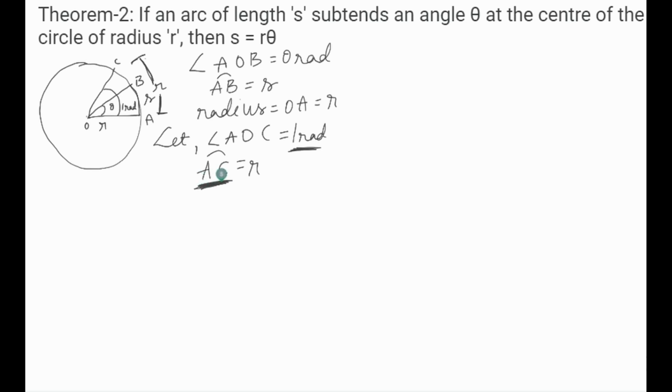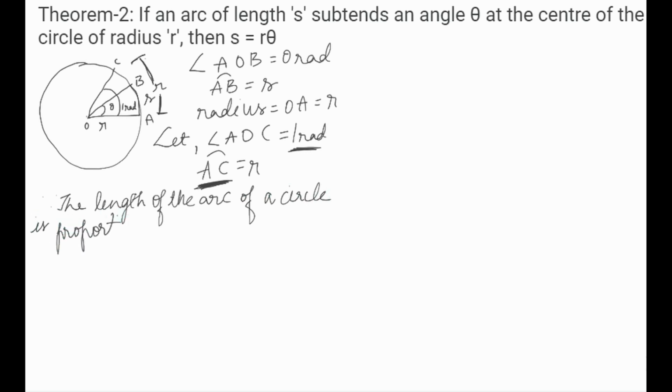So, we all know that the length of the arc of a circle is proportional to its subtended angle.